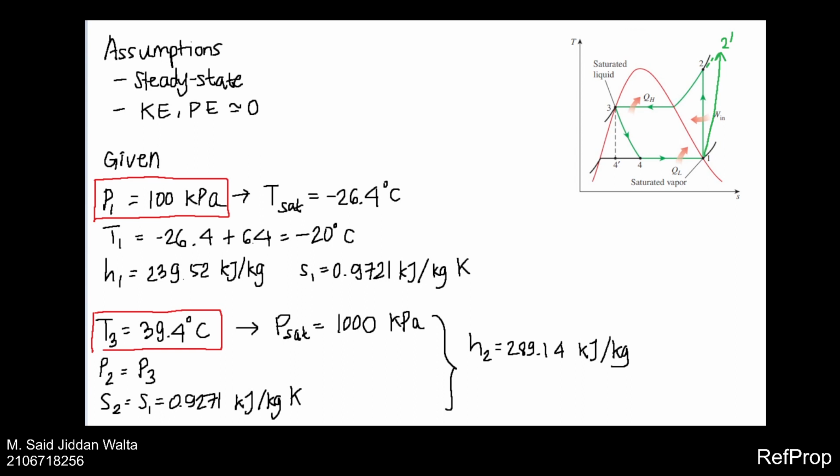Using these values of temperature and pressure, as well as the entropy, we can extrapolate from the tables that the enthalpy value at point 2 is 289.14 kilojoules per kilogram.